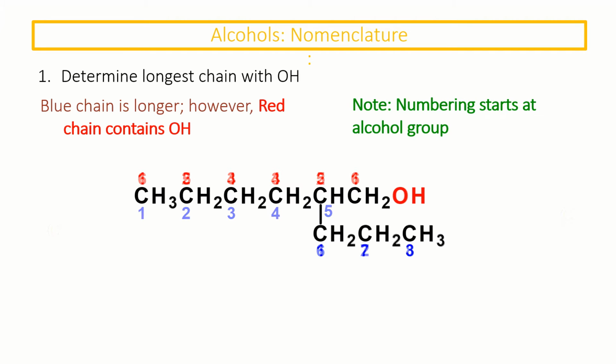And the 6-carbon chain starts with 1 at the carbon that is attached to the OH. So therefore, you can see that we have a hexanol, and that hexanol has a propyl group attached to it. The propyl group is attached at carbon 2, hence 2-propyl-1-hexanol.